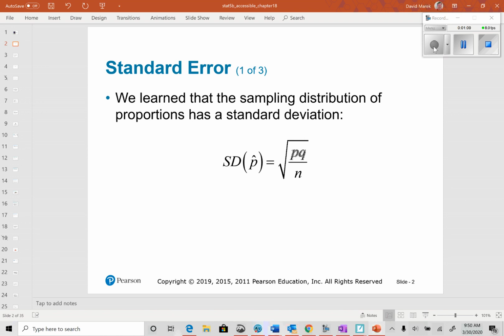And again, q is the complementary proportion to p. So if p is 0.25, q would be 0.75. Again, they have to have a sum of 1. And then divide by n, our lovely sample size. So that's our formula for standard deviation for a proportion that should look familiar.